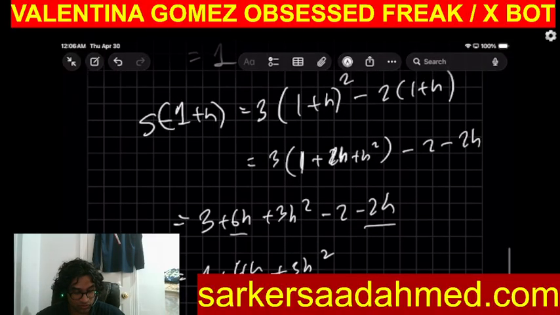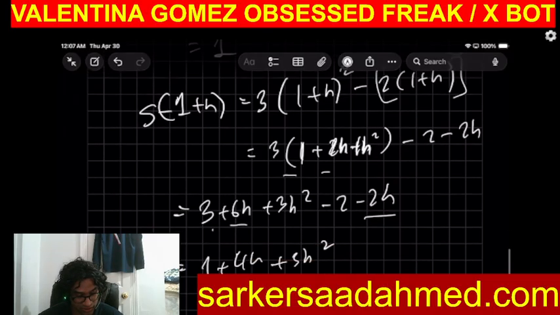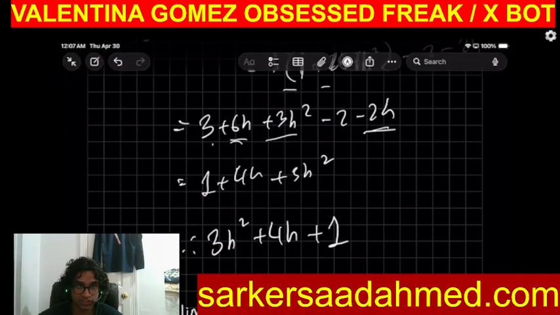So 1 plus 2h plus h square minus 2, or if I write 2 plus 2h, and if I have a subtraction, then I'm going to have minus 2 minus 2h. So I'm going to end up as 3 plus 6h plus 3h square minus 2 minus 2h. So 3 is there. So 3 minus 2 is 1. 6h minus 2h is 4h. And 3h square. So technically it is 3h square plus 4h.